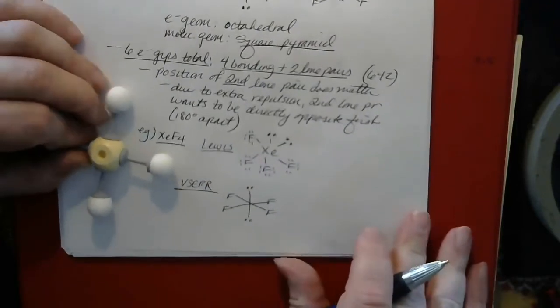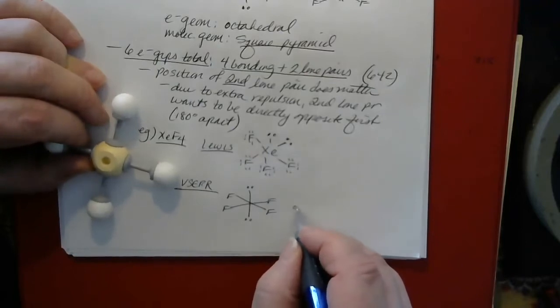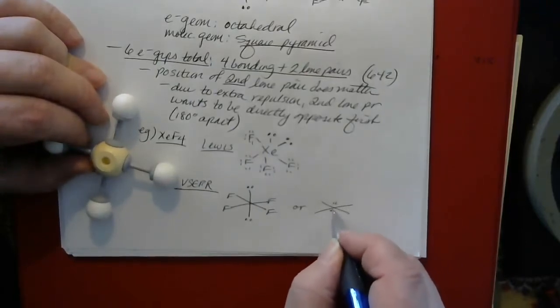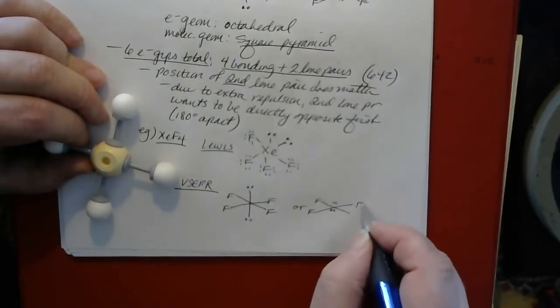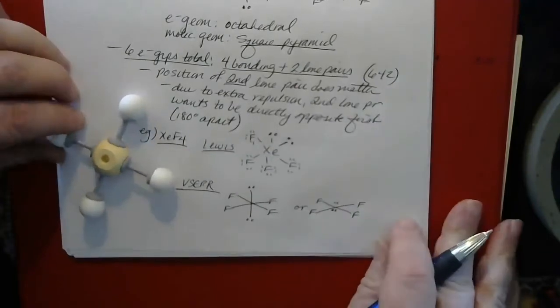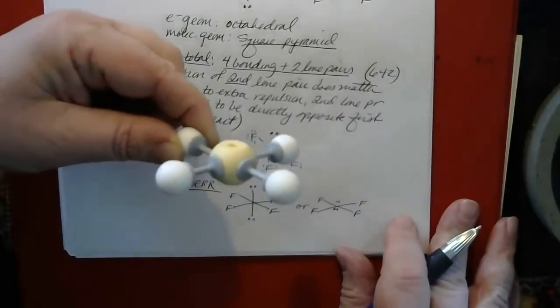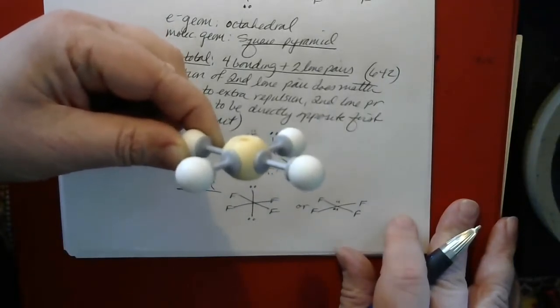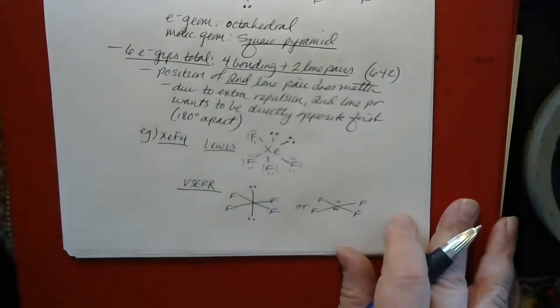So that's one possibility if you want to emphasize the electron geometry, or if you want to emphasize the molecular geometry, you could draw it like that. Basically looking at it kind of like this. And so that's your shape.